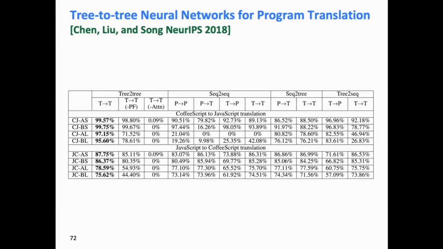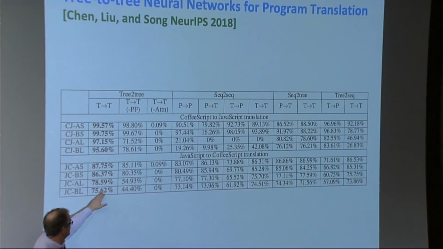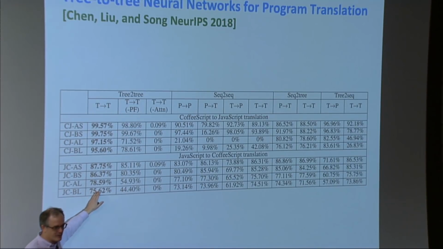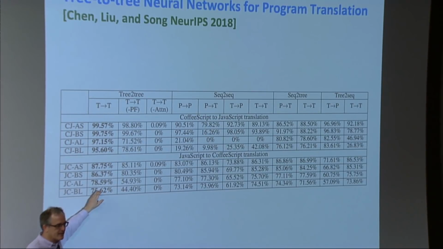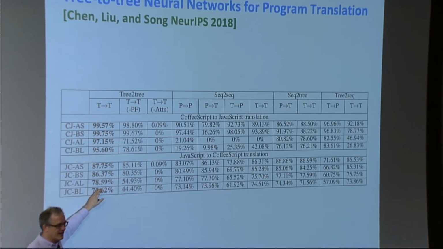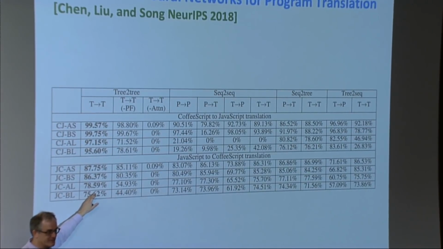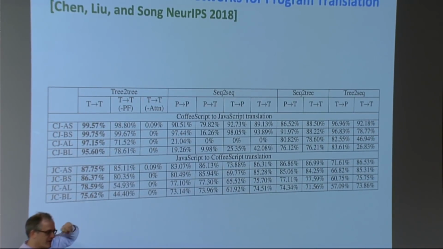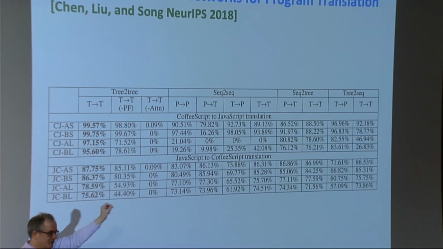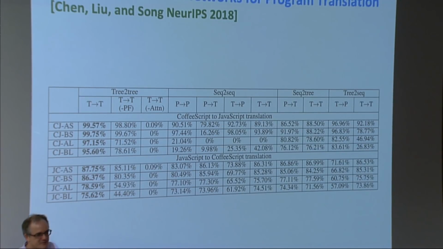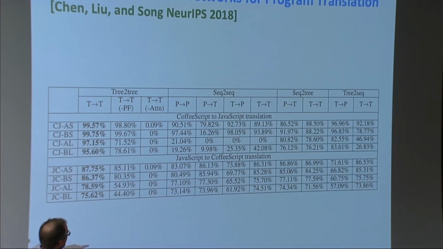And what they find is you can get the best results with the tree-to-tree neural network models. In particular, these tree-to-tree models are augmented with attention. So they have attention like we talked about for sequence-to-sequence models, where you're then able to do attention back to nodes in the tree structure, which is a pretty natural way of doing translation.